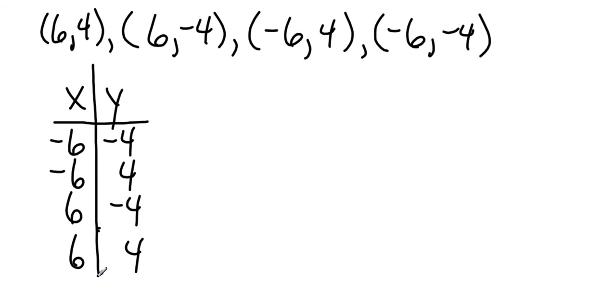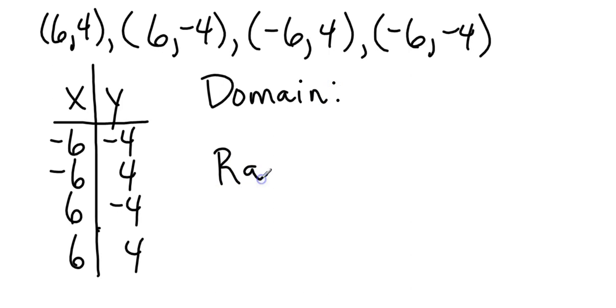At this point, they might actually ask you for the domain and the range. The domain is all the x values in order from least to greatest, and the range is all the y values in order from least to greatest. Well, in this case, I've only got 2 x values.